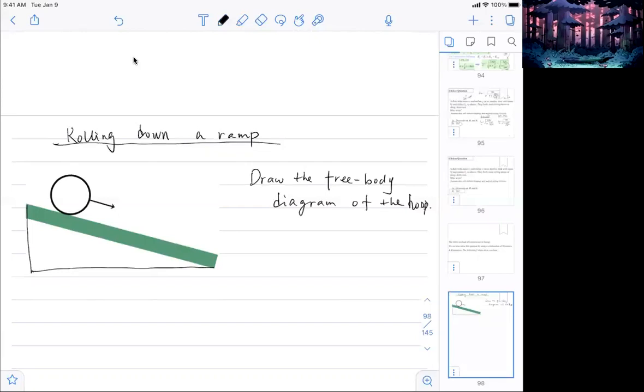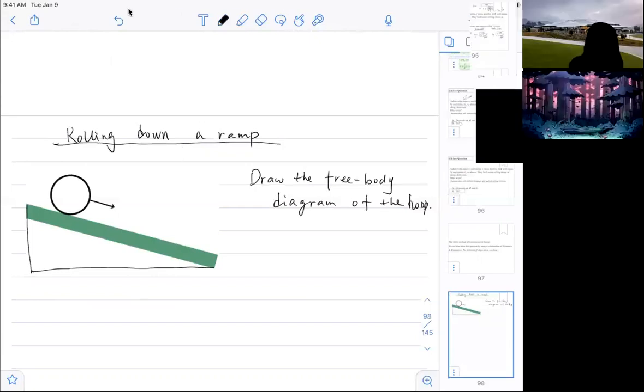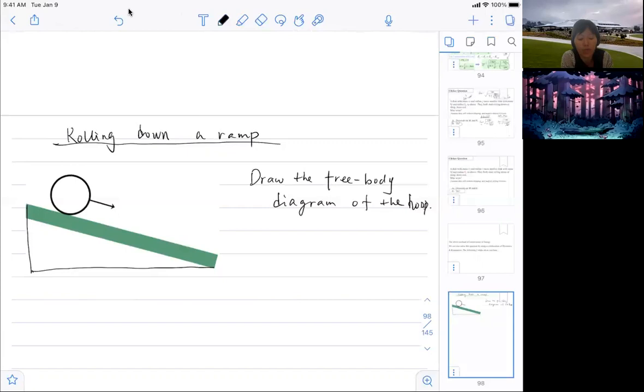Or it could be a disk, but I'm just going to use a hoop as an example to do the calculation. I'm trying to solve this problem using a different approach. So draw all the forces acting on the hoop right now.